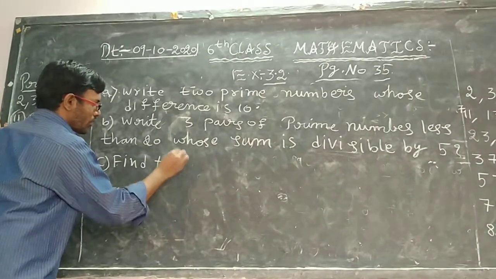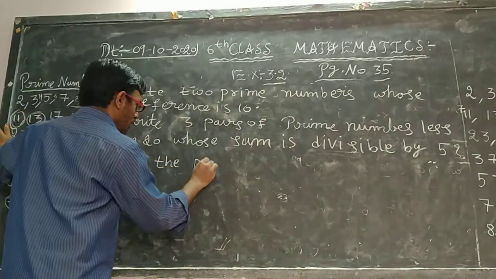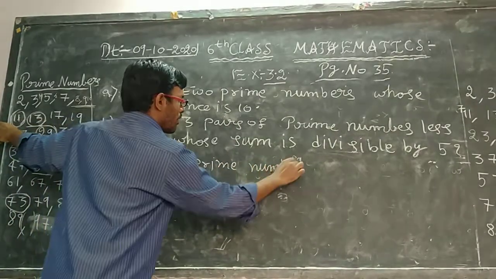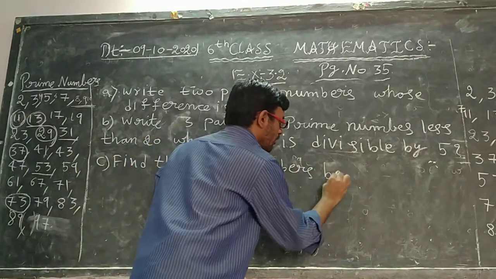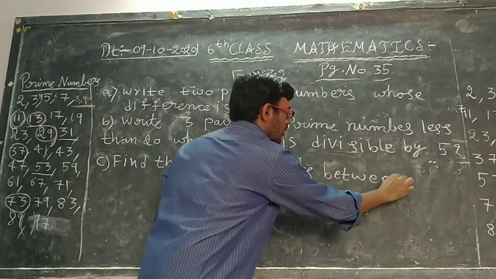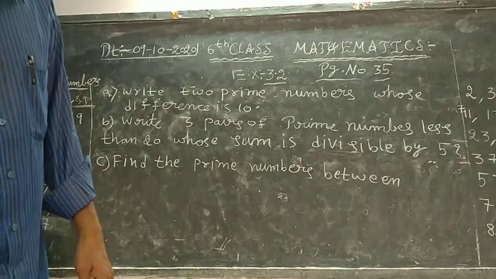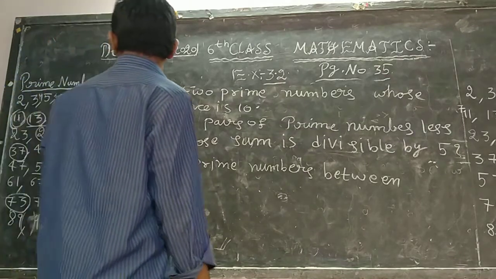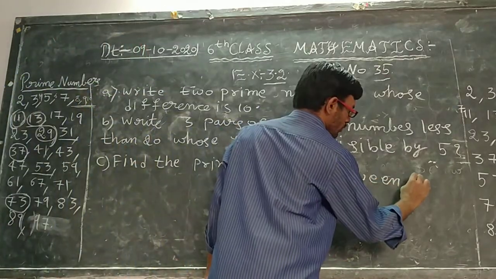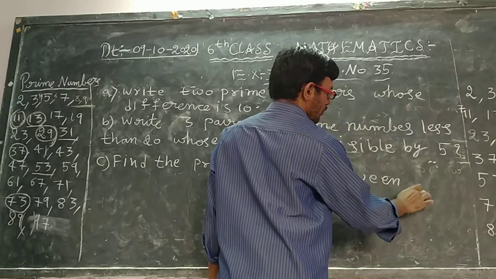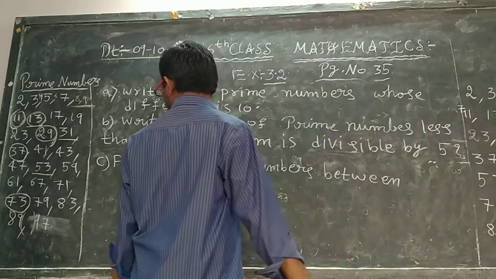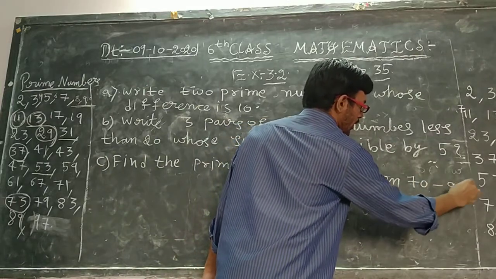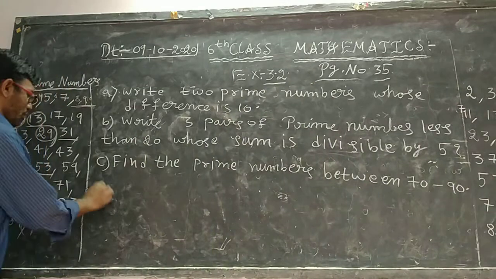Find the prime numbers between 70 to 90. Between 70 to 90, you are supposed to find the prime numbers.